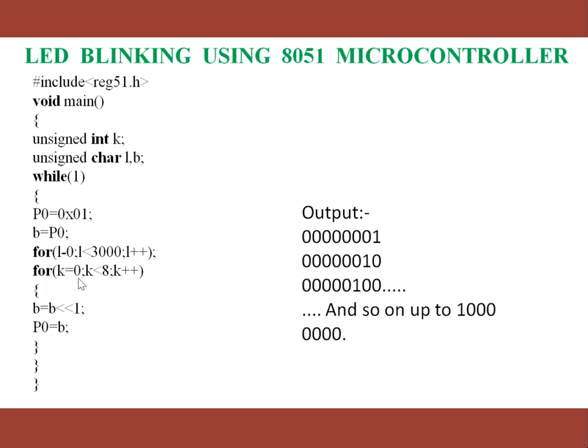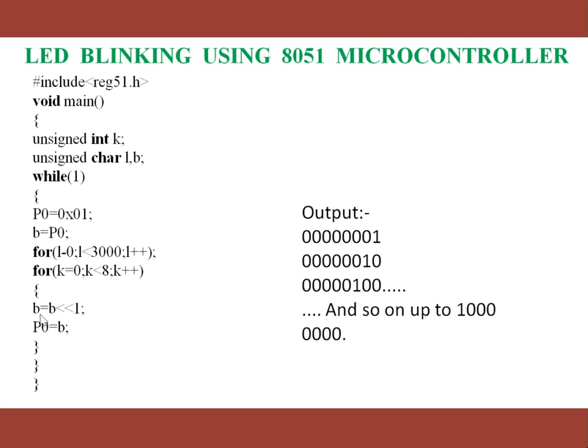Then the for loop starts with k equals 0, because you are declaring the integer data type also. When you are going to send the signal in 0101 format, how is this going to be changed bitwise? So k equals 0, k less than 8, k plus plus. These are the two variables you are defining outside.